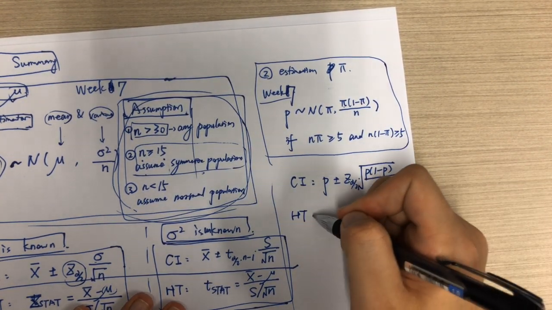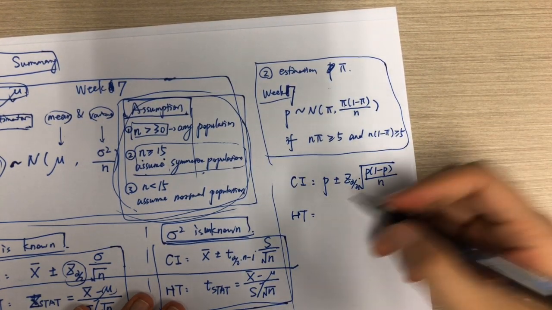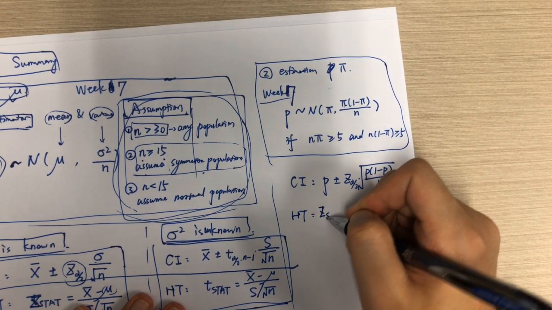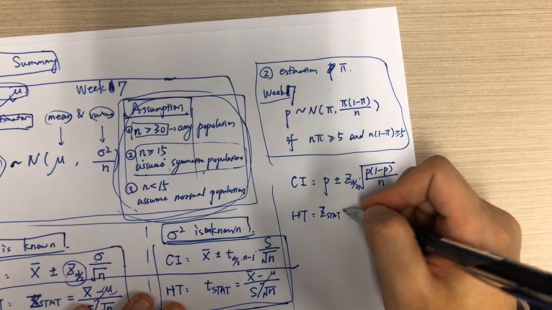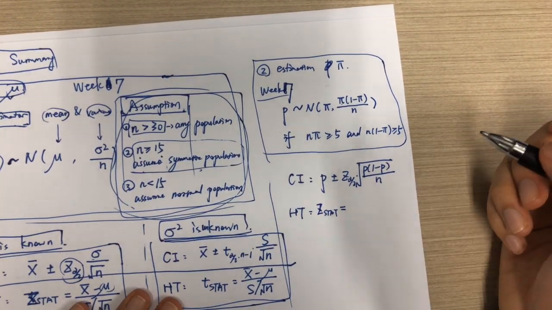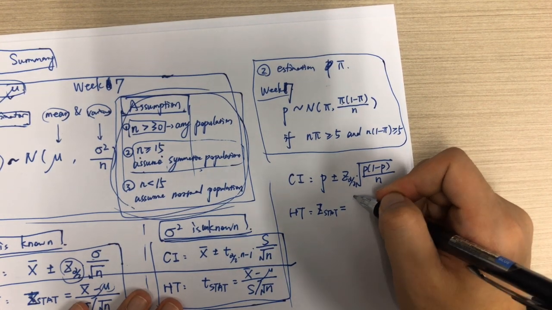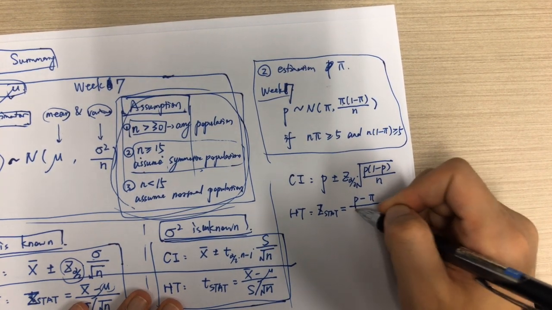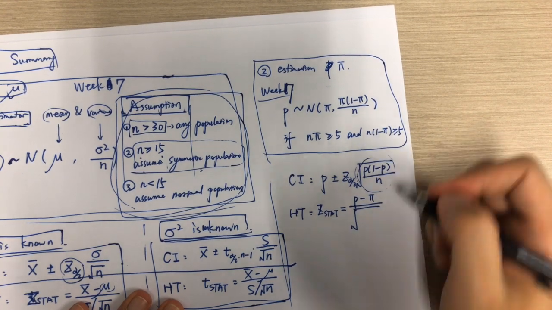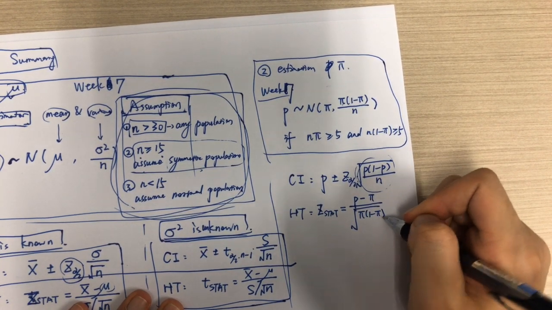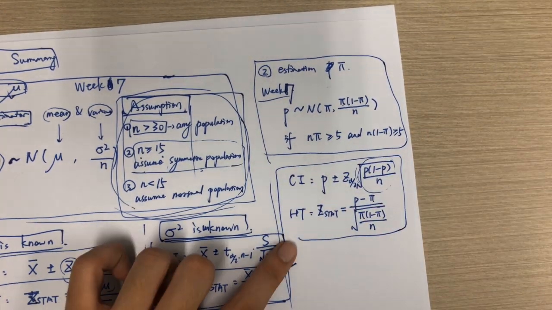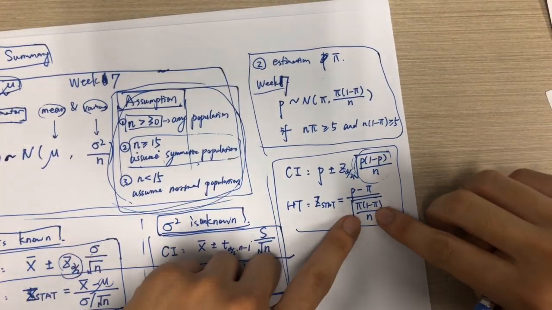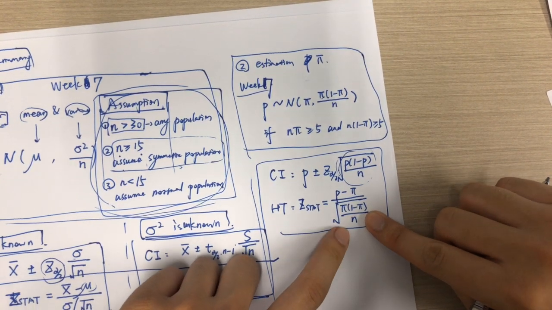Now, for hypothesis testing, it's a little bit different because we construct the z-stat, but we know the pi value in the null hypothesis, right? So that's why we plug in P minus pi divided by, for the standard error part, pi times 1 minus pi divided by n. So it's very easy to make a mistake when you calculate hypothesis testing for the proportion.